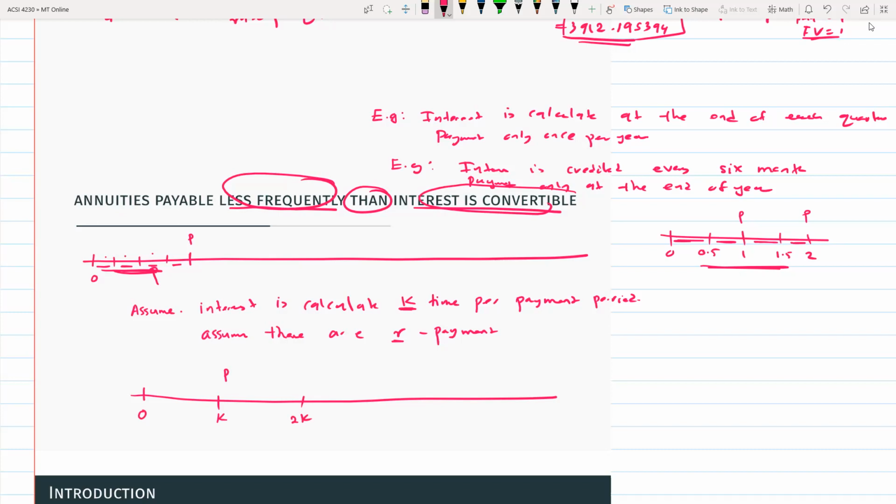Then here is 2K, the second payment. Here is 3K, the third payment. And then here you have RK, the final payment. We are assuming the payment size is level. Right away you observe this is an annuity immediate. We can do the same setup for the annuity due later.